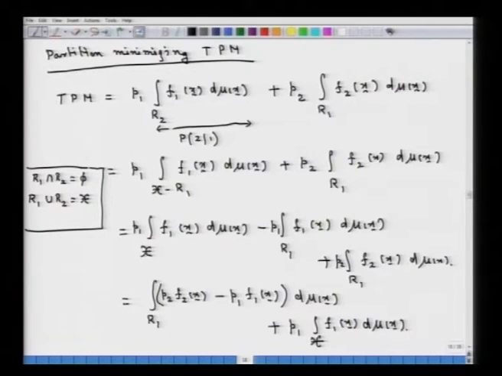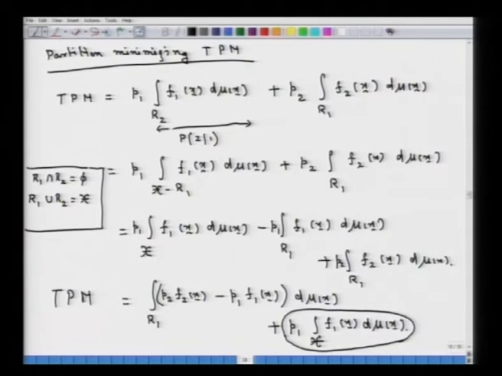Now, our objective is to look at this total probability of misclassification and to find out that partition R1, R2, say R1 star, R2 star, such that the total probability of misclassification is minimum.